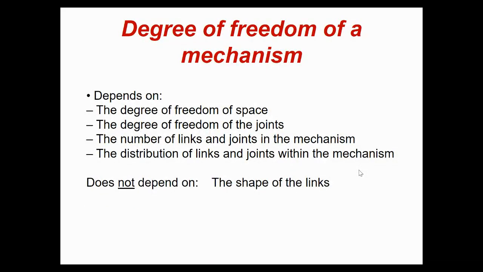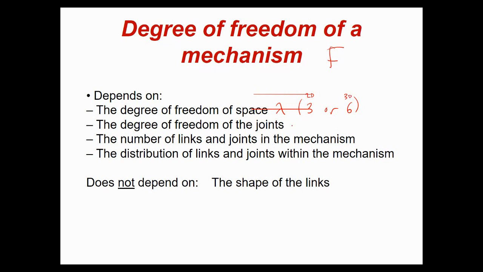So the degree of freedom of a mechanism, which we will call the capital F, depends on the degree of freedom of the space, which is called lambda, which might be 3 or 6. For 2 dimensions, it's 3. For 3 dimensions, it's 6.